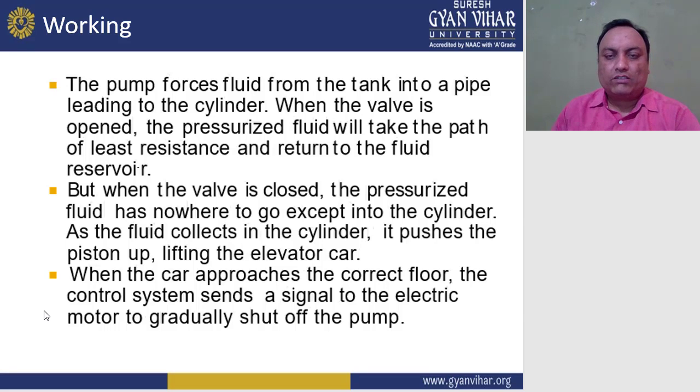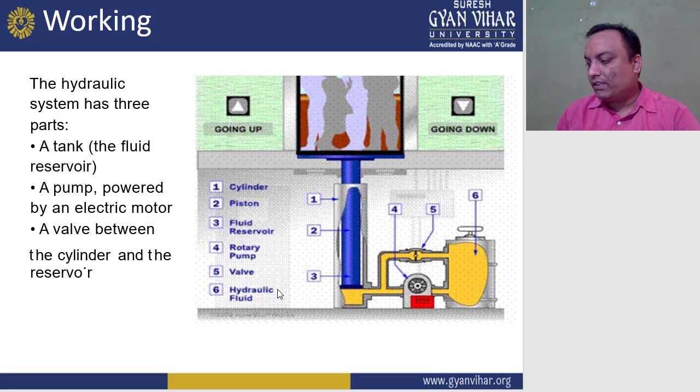But when the valve is closed, suppose this is the valve of the cylinder, this is the valve of this system, the first time this valve is open, then the fluid just goes here and returns to the reservoir.